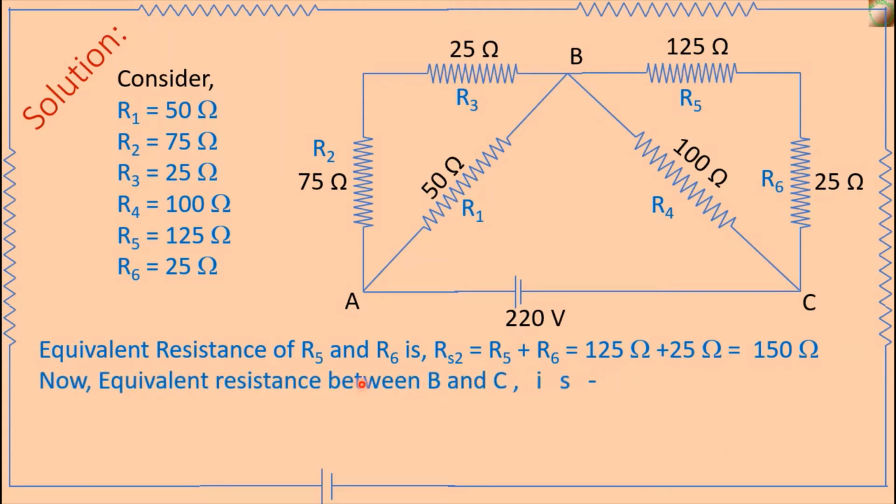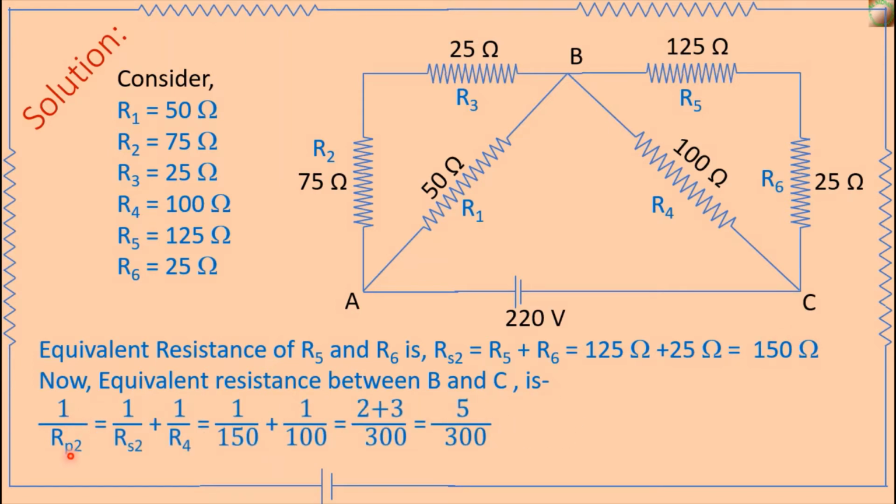Now the equivalent resistance between point B and point C is 1 by Rp2 equal to 1 by Rs2. Here Rs2 is the equivalent resistance of R5 and R6, and these two resistances are connected in parallel with the R4 resistance, because here the current is split into two parts.